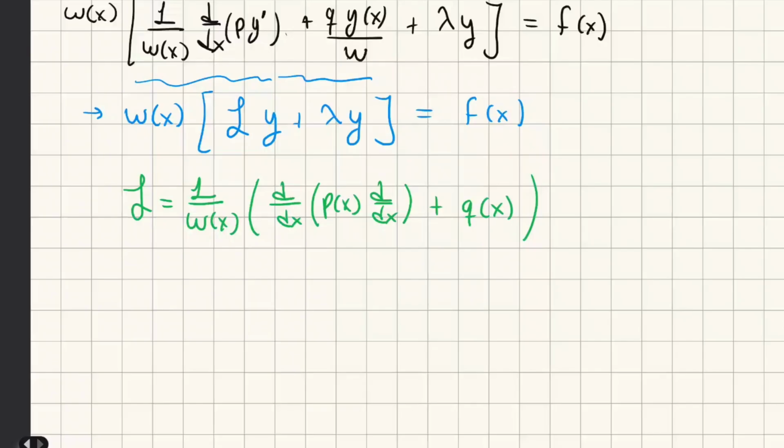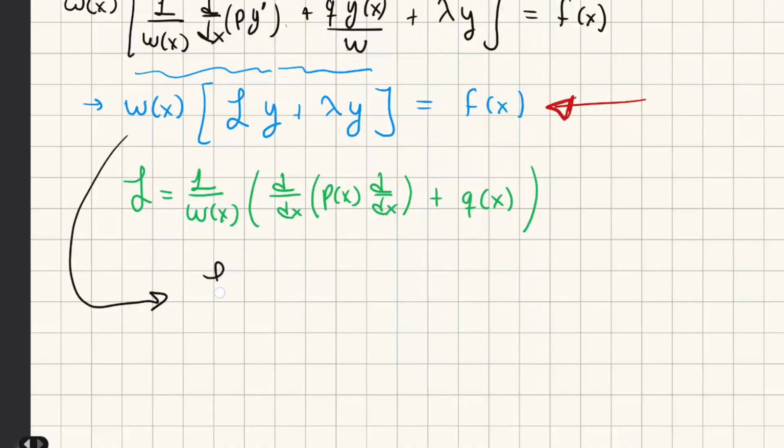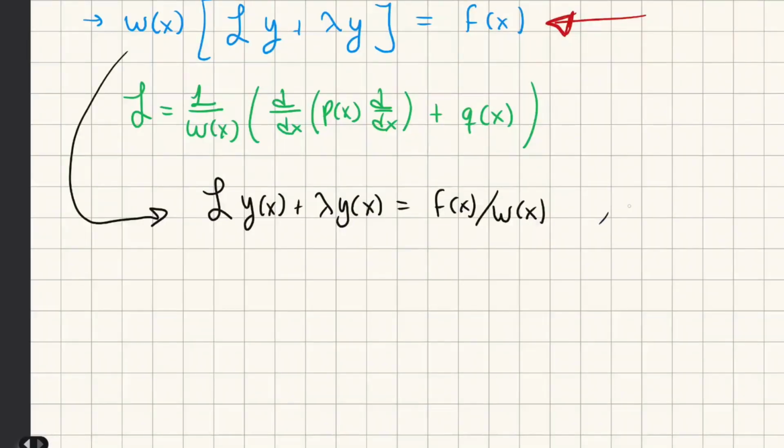The important thing here is that we can define the inhomogeneous Sturm-Liouville problem in this manner in terms of the Sturm-Liouville operator. So from here, the equation that we are going to need is the next: L applied to y of x plus lambda y of x is equal to f of x divided by w of x. Again, this is for x defined on a closed interval a, b.